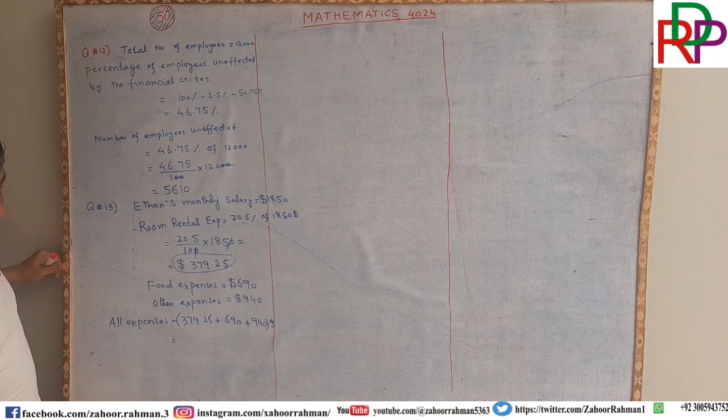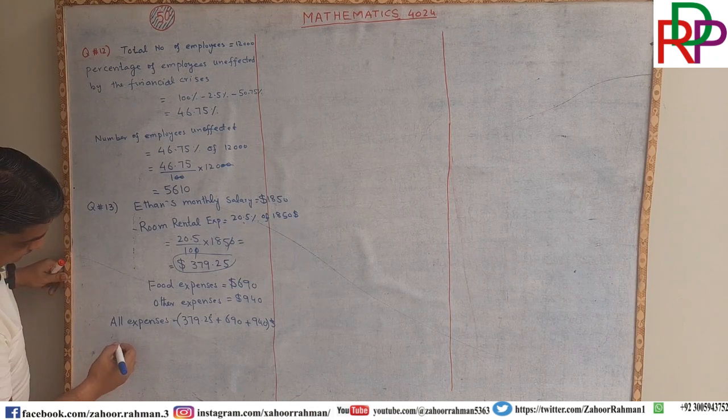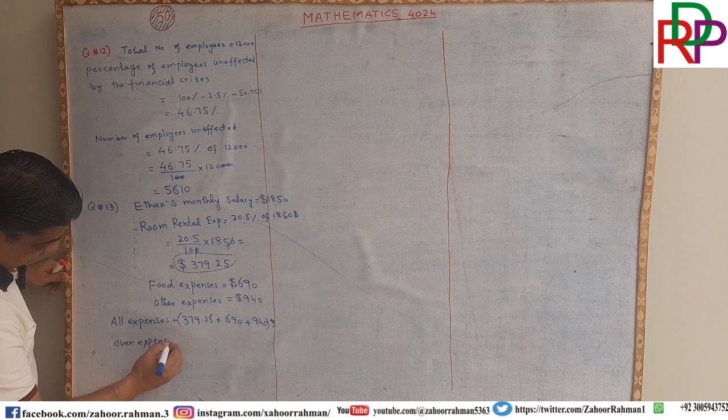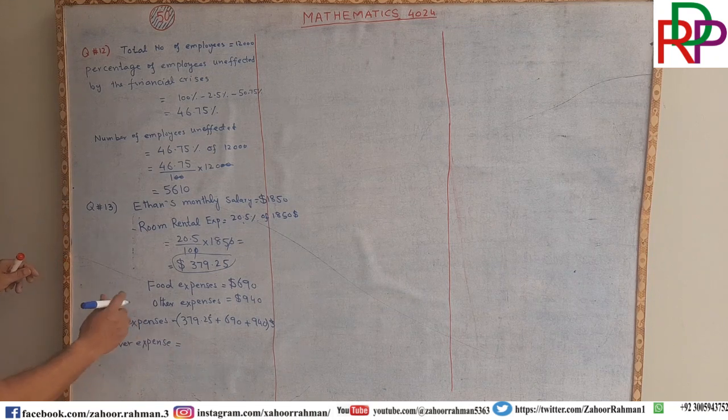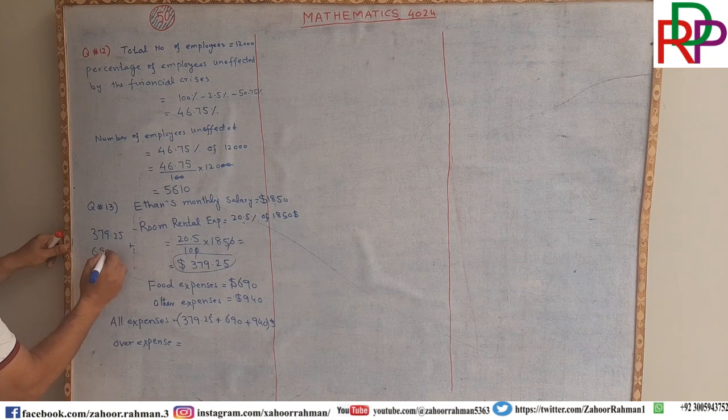we will get our expense. So first we have to add 379.25 plus 690.00 and 940.00.